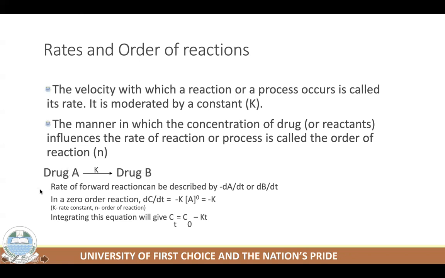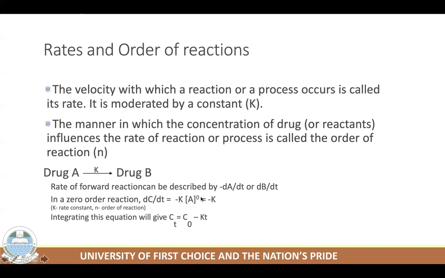Now, in a zero order reaction, what it means is that the change in concentration of drug A over time can be described by the rate constant times the concentration of the drug A that was first introduced into the body. Now, the concentration of that drug A in a zero order reaction will be raised to power zero.